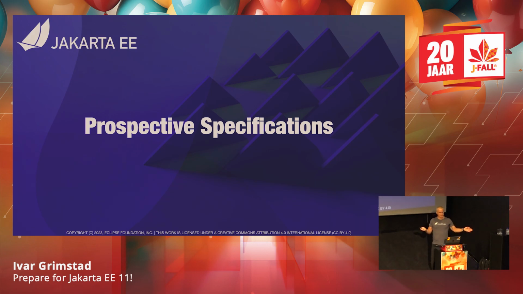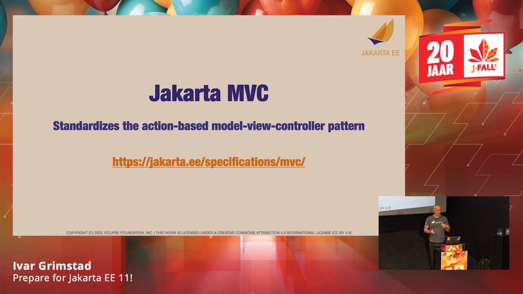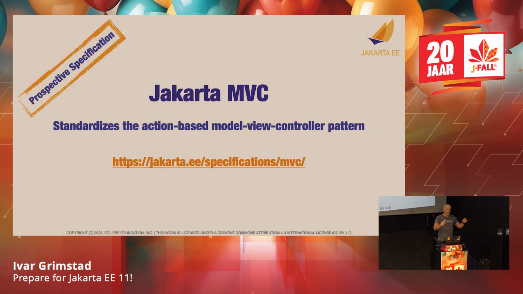We also introduced in Jakarta 11 something called prospective specifications. These are specifications that we actually voted on, whether it should be a part of the platform or not. And we voted no. Or together we voted no. I voted yes, but Jakarta MVC is a specification that is very close to being in there. So we want to list them in the platform specification. They're not optional specifications.